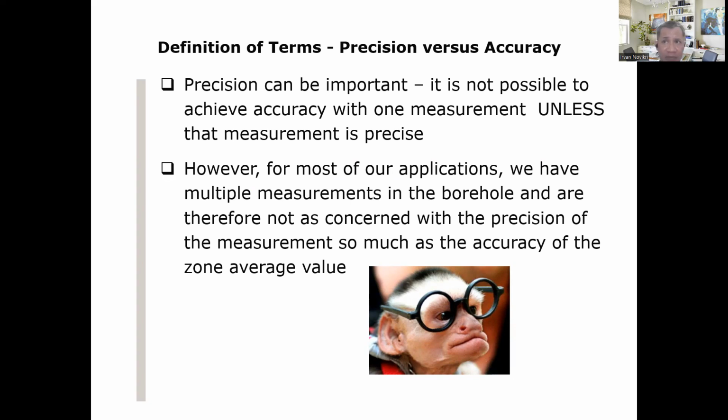While precision is important, achieving accuracy with a single measurement is unlikely. However, in most applications, multiple measurements are taken. The focus is on the accuracy of the average value rather than the precision of individual measurements. The statement is that precision cannot be completely disregarded.